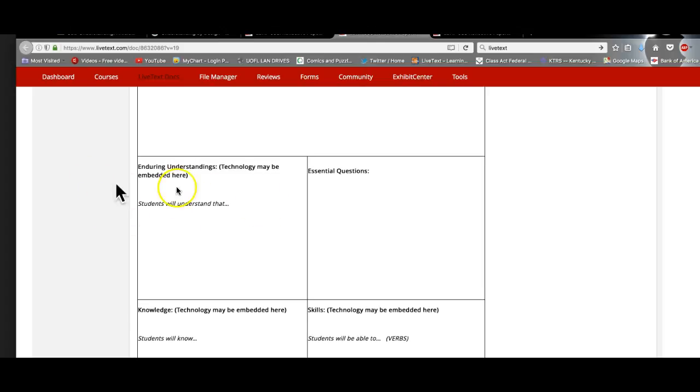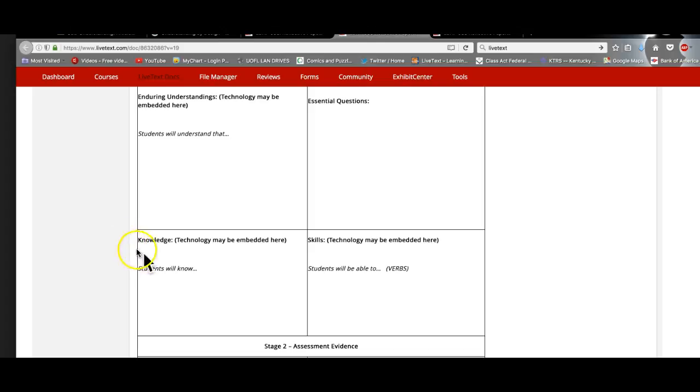And this is their way of getting around just content. In other words, what is it students are going to be able to understand? It's as simple as that. Work your way down. Students will know. That's their knowledge. Students will be able to, the verbs.